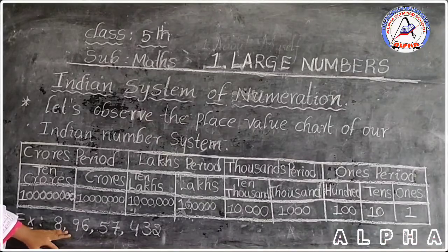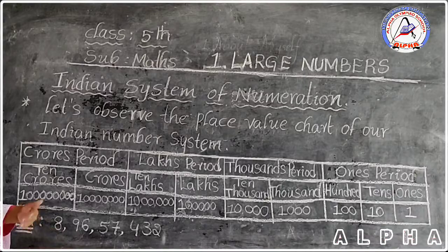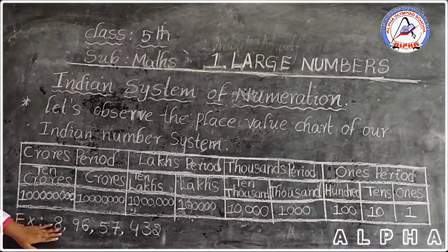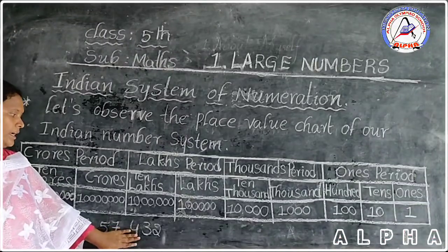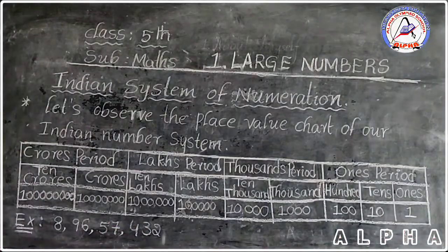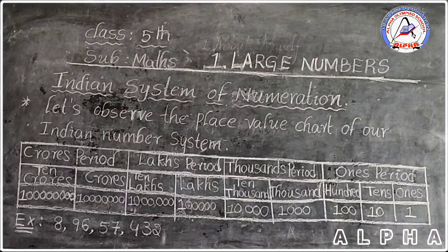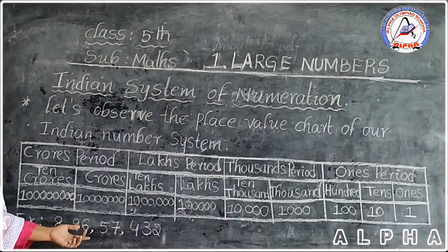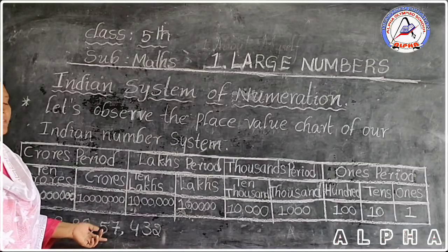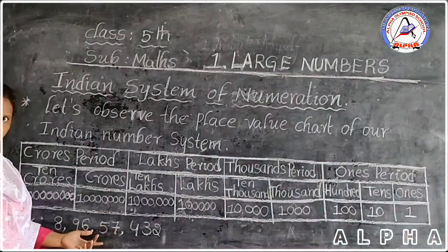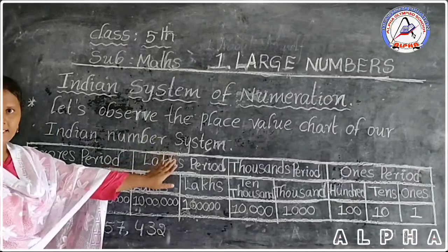See here, how can we pronounce or spell this number? 8 crores 96 lakhs 57,432. Yes or no? We pronounce this number on the basis of the Indian number system.